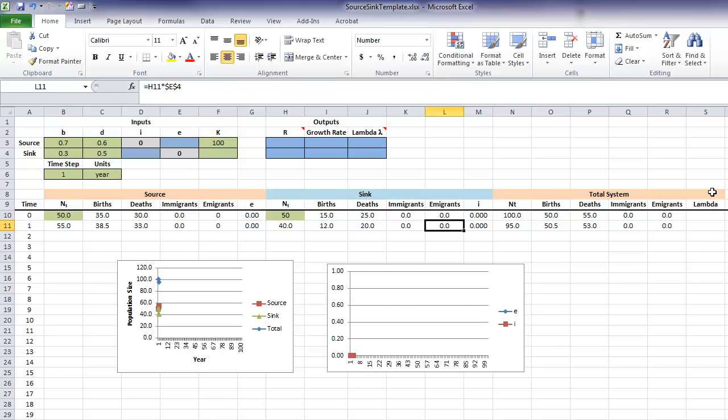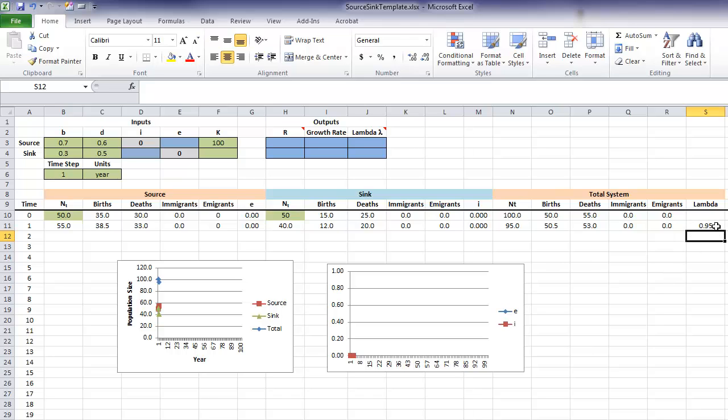At this point, we're able to calculate lambda for the whole system, and that is simply going to be the whole population at time step t plus 1 divided by the population in the previous time step. And so for this particular system, we've experienced a 5% decline.